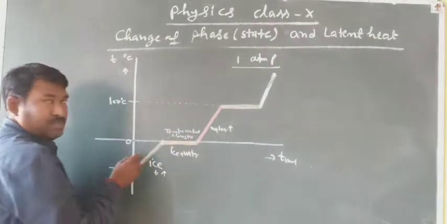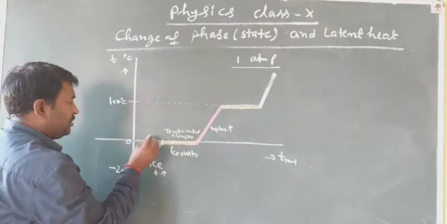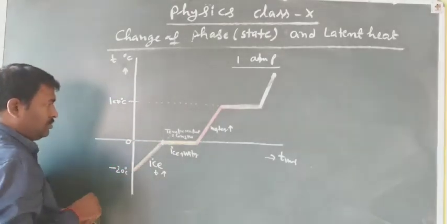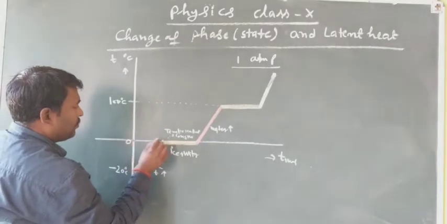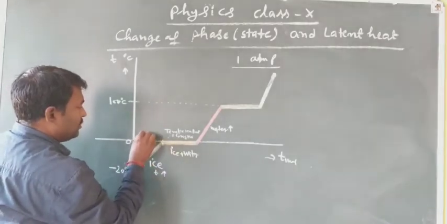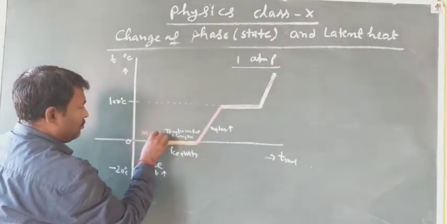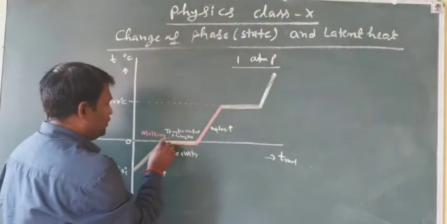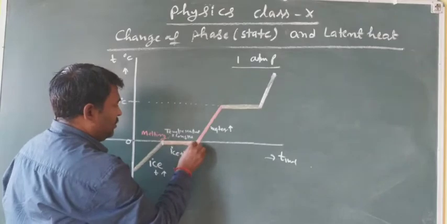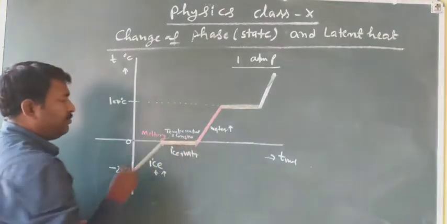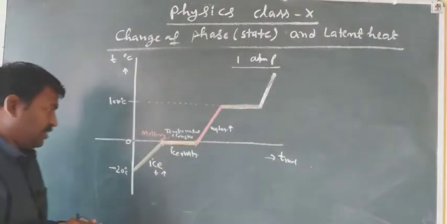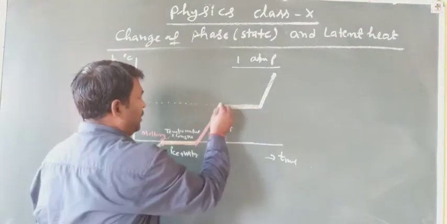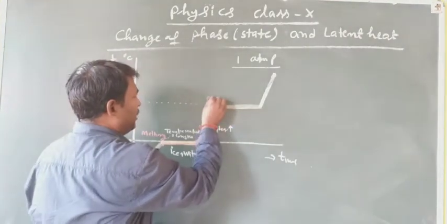At this point, this phenomenon or process is melting. Melting starts here and continues till here, so from here to here it is melting, a change of state, okay. And here this phenomenon is boiling.